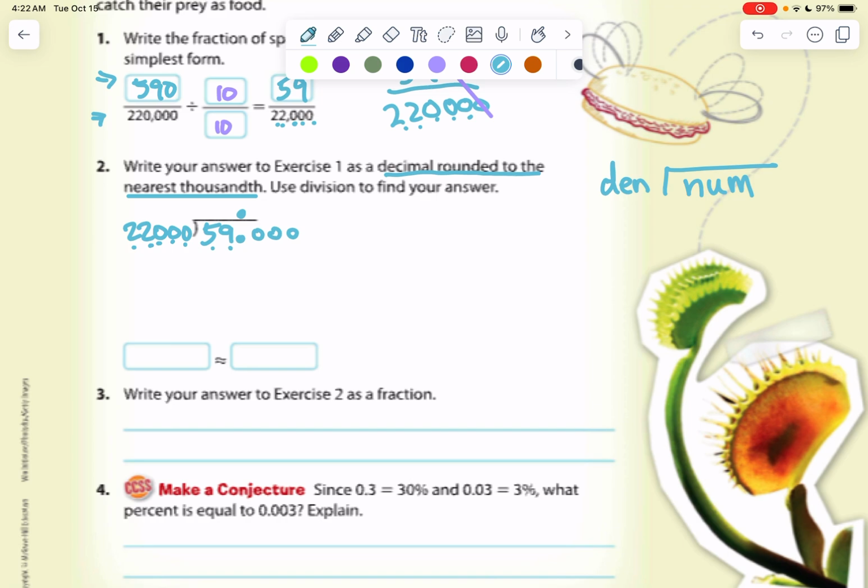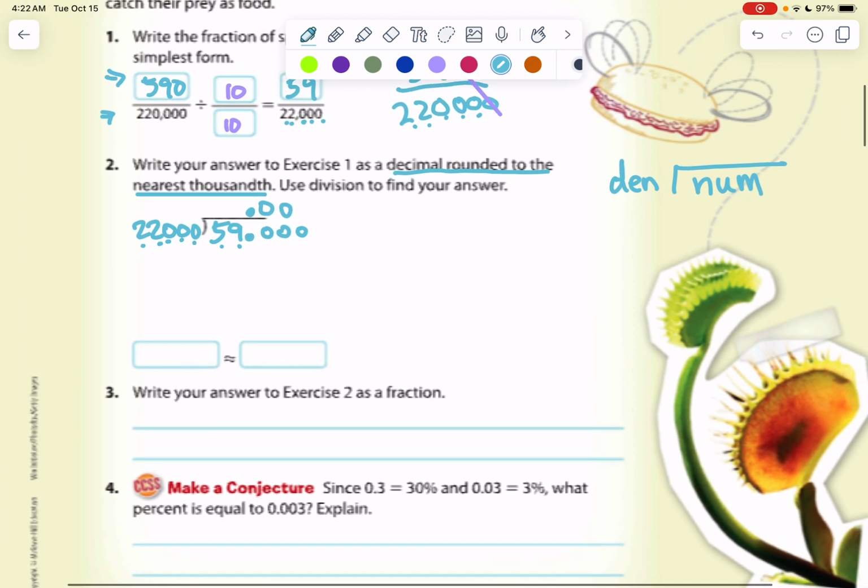Now, one of the things I notice right away is that 22,000 does not go into 590. So I'll put a 0 there. And 22,000 does not go into 5,900. So I'll put a 0 here too. I'm actually going to think about 22,000 into 59,000, but not really.